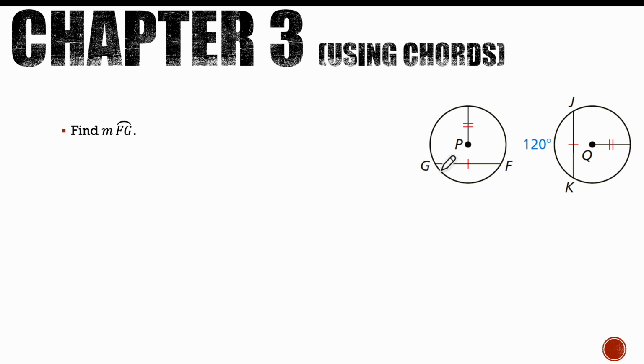And JK is congruent to GF, because the length is the same and it is also given that the radius is the same. If you see here, this indicates the radius is the same, and this indicates that these two are congruent chords. Why are they congruent? Because in a congruent circle, if the chords are of the same length, they are congruent. So the measure of GF will also be 120 degrees.